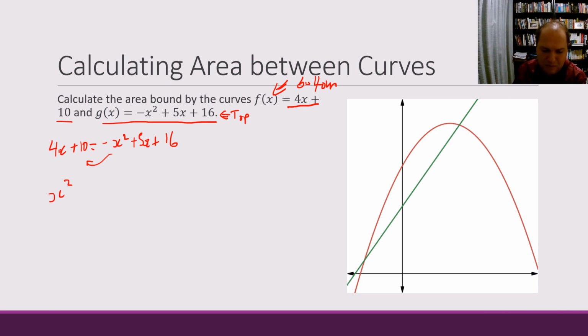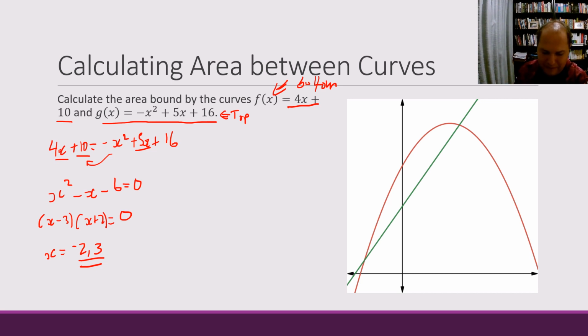So x squared, then 4x minus 5x, that'll be negative x, and then 10 minus 16, that'll be negative 6, equals 0. It's a quadratic, and I can factorize that. That'll be x minus 3, x plus 2, equals 0. So x is going to equal negative 2 or positive 3. And so that's going to be the bounds of my integration.